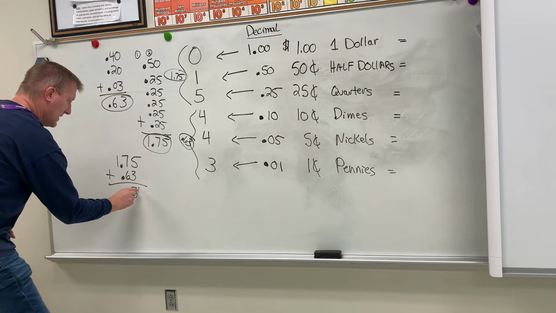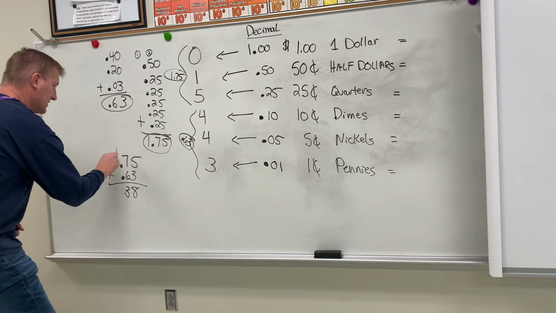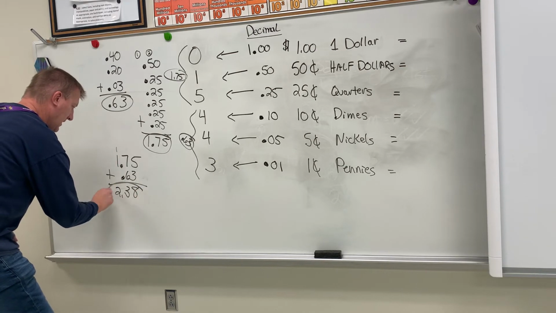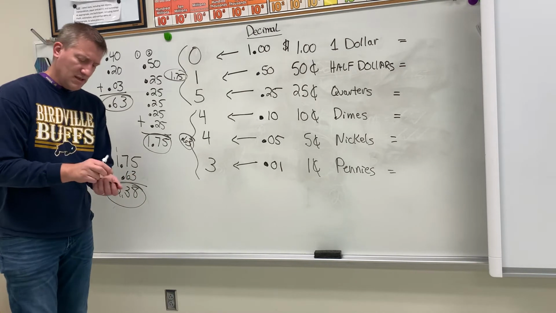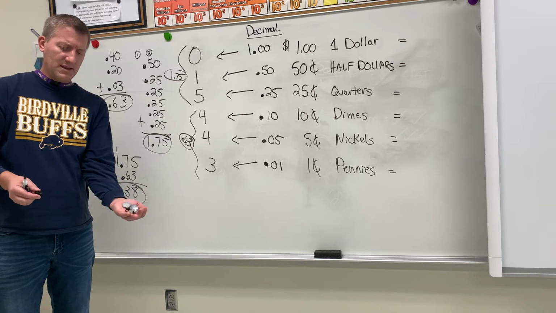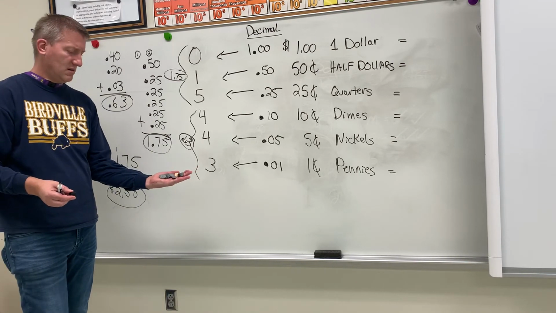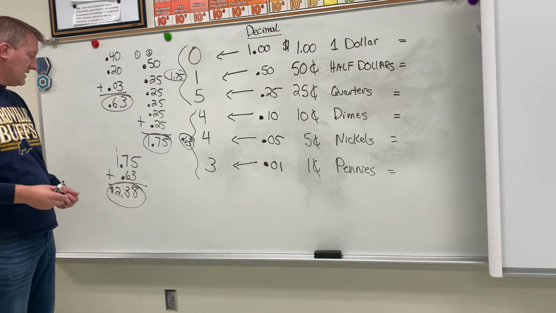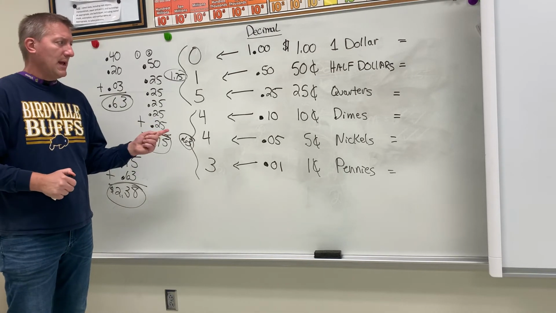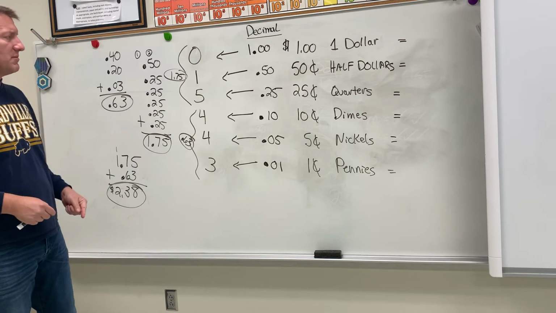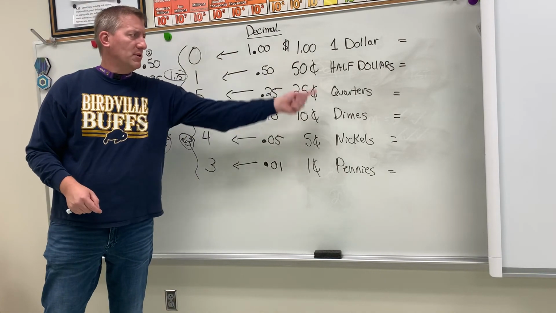Okay, and I'm going to add those together like that. And I get for a grand total in my hand. So what I grabbed out of the bag right here is $2.38.